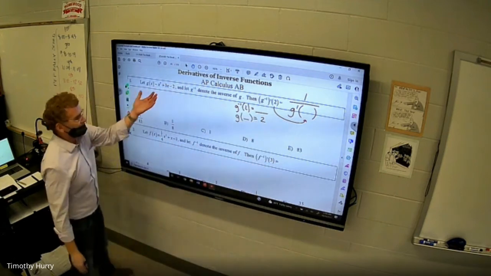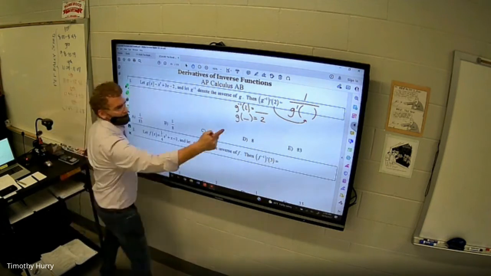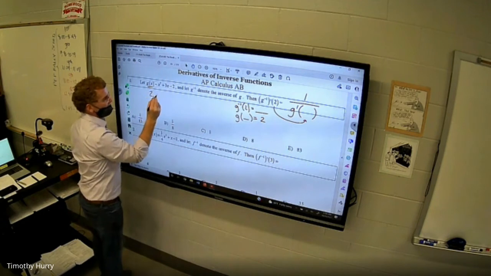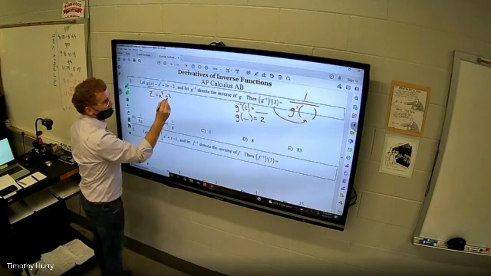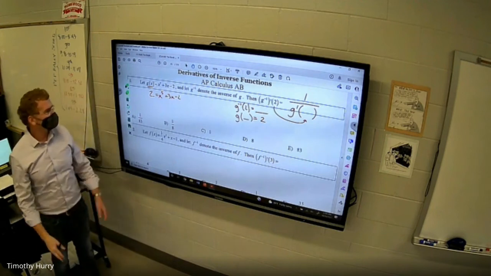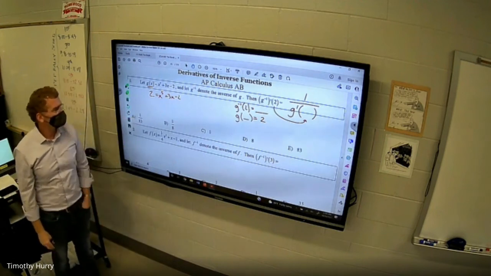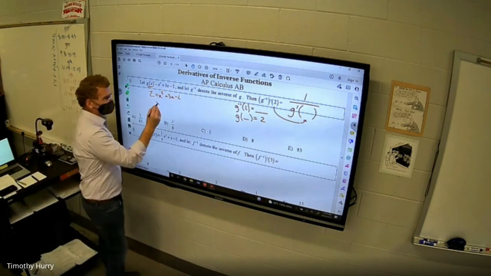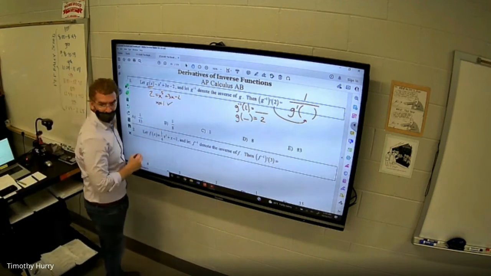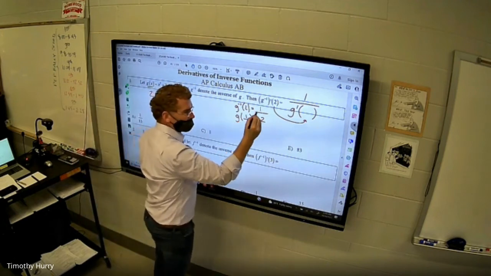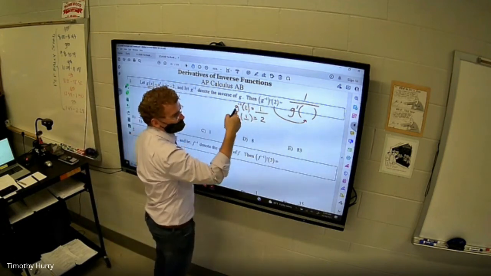Well, there's the regular function. So I'm going to plug 2, not in for x, but in for y, and solve for what x value that would be. Well, I don't know how to solve for that. So I start guessing and checking, and what do you notice? 1 works, doesn't it? So if x equals 1 works there, then we know that the x value in the original must have been the y value in the inverse.